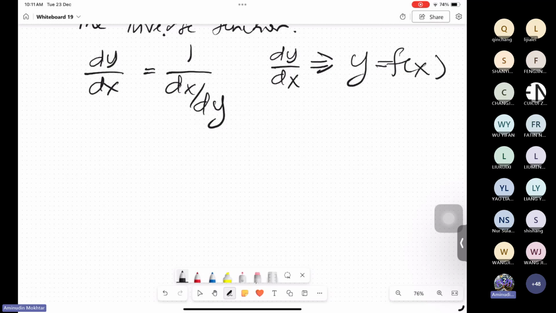We need to know what happens to y when x takes a certain value. To know what happens to y, we must find the value of x. That's why in this case x is input, y is output. That's dy/dx.